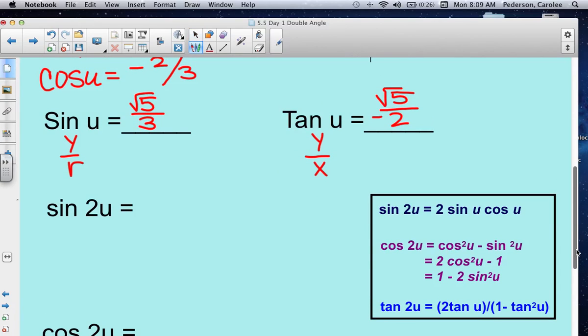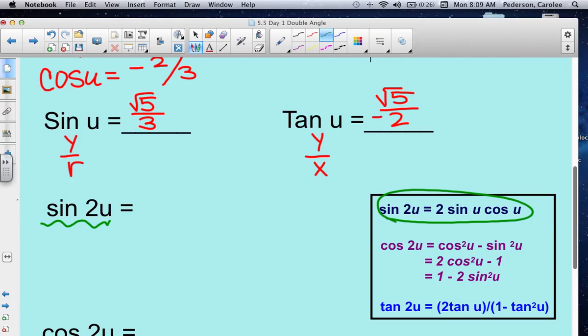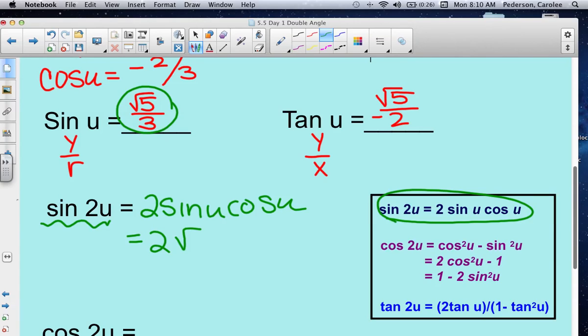So the first one is find the double angle, the sine of 2u. So we have to use this formula right here. It says 2 sine of u, cosine of u. Now you substitute in your trig function. 2, the sine of u is square root of 5 over 3.